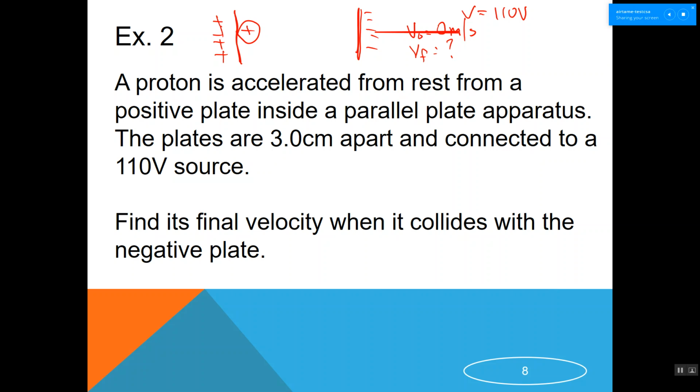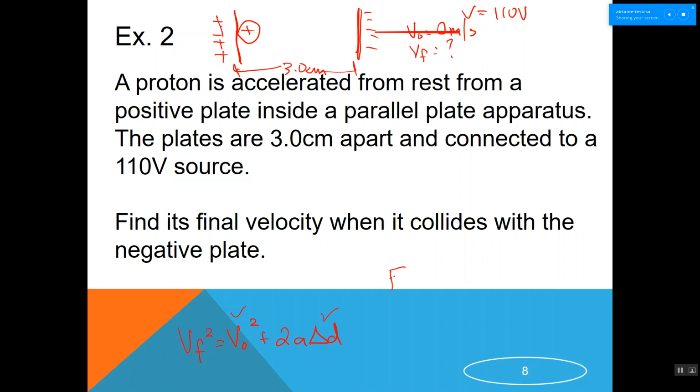Close. Okay. We have the initial velocity, you said it's 0. We have the distance that it has to travel because it says that these plates are 3 centimeters apart. So that's how far it needs to travel, right? And we need acceleration if we're going to find what the final velocity is. And acceleration is a part of the force formula.